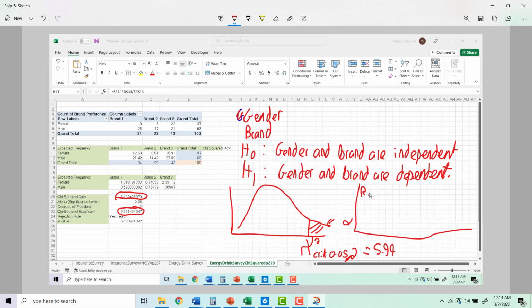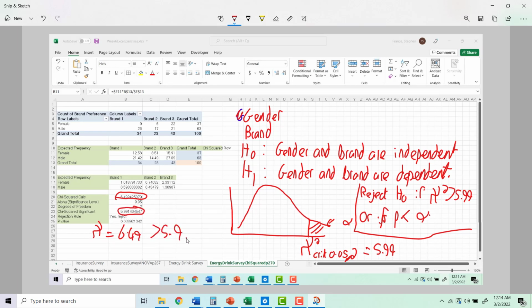So we're going to reject H0 if chi-squared is greater than 5.99, or if the p-value is less than alpha. Now, in fact, the chi-squared we have here is 6.49, which is greater than 5.99, so we reject H0.